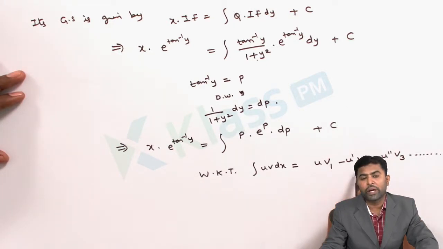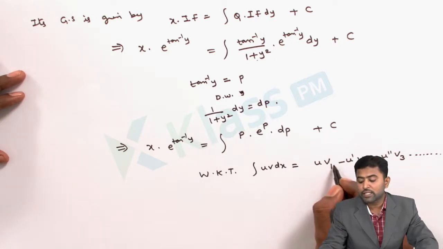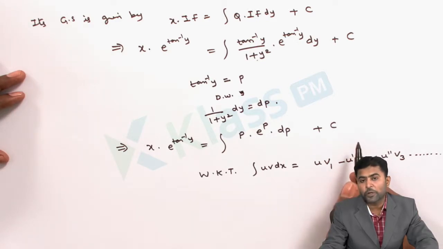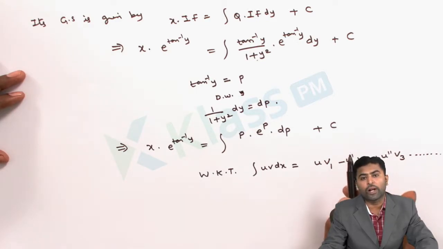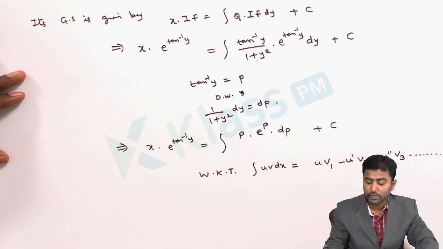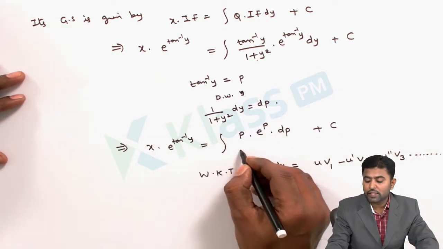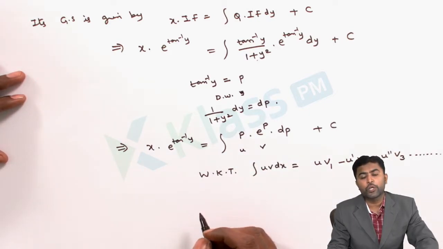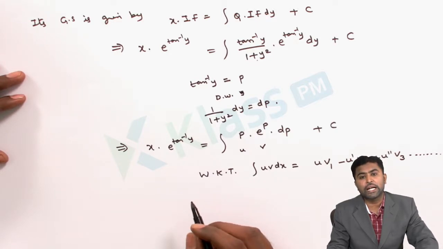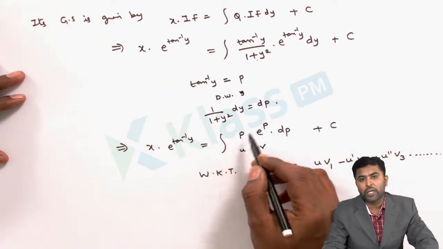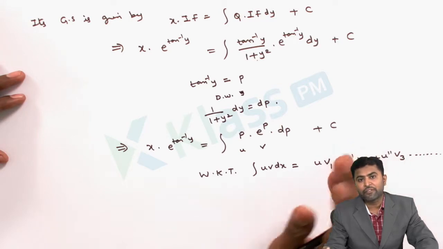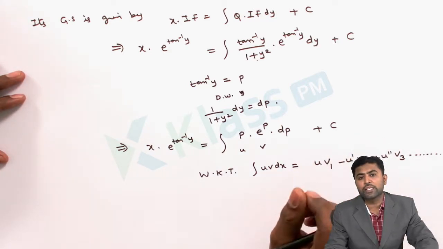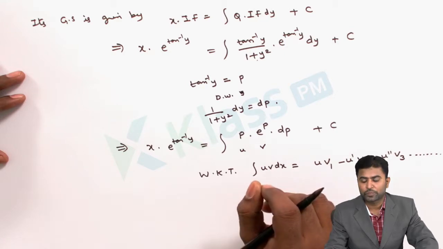Here the subscript represents integration one time and the dash represents differentiation one time. Here I'll take p as u, as we should take u as the term which can end after some time. If I take p, its differentiation will be 1, and differentiating 1 gives 0.